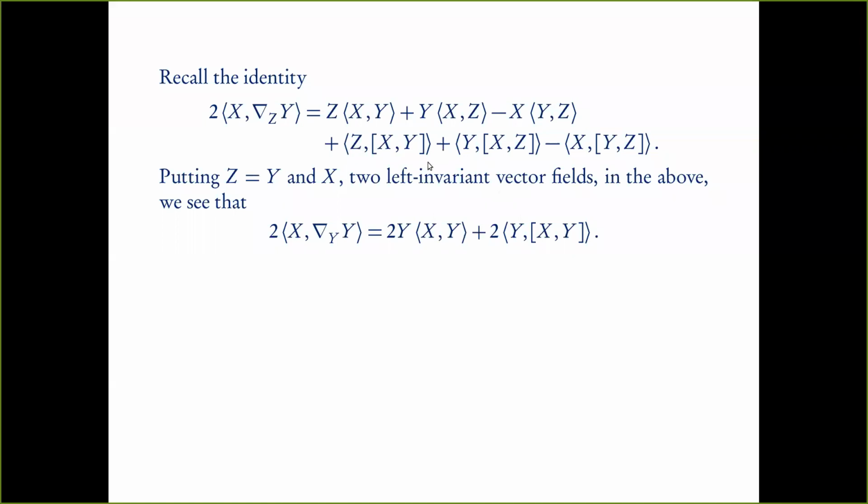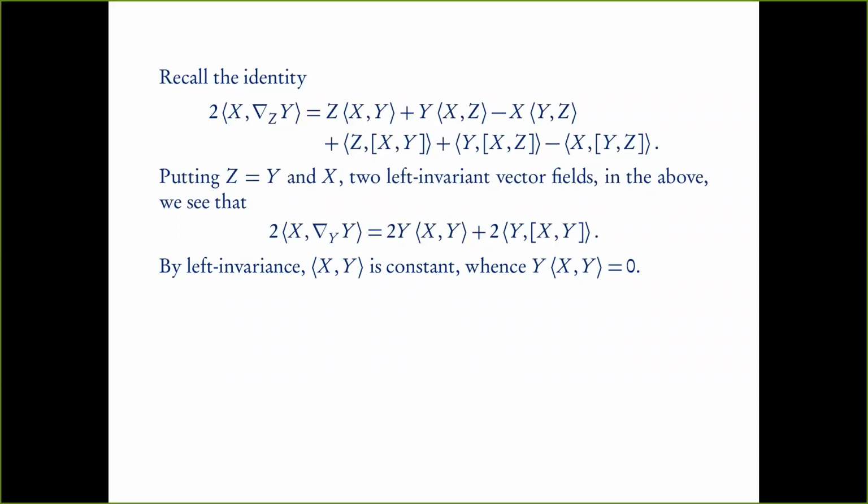So at the end of the day, you basically get this: twice the inner product of x with nabla_y y is equal to the inner product of y with the Lie bracket [x, y]. The twos cancel because the first term here, twice y<x, y>, is 0. So you get that the inner product of x with nabla_y y is equal to the inner product of y with the Lie bracket [x, y], right?